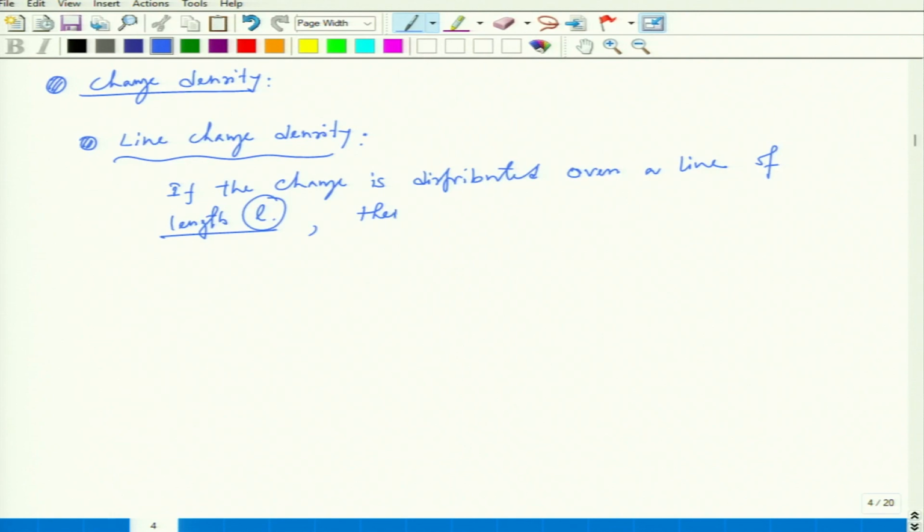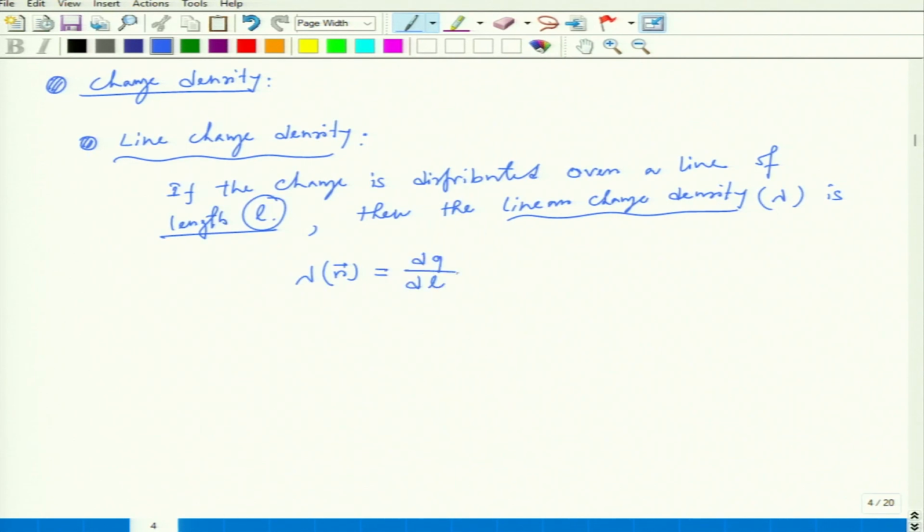The linear charge density lambda as a function of r equals dq over dl.